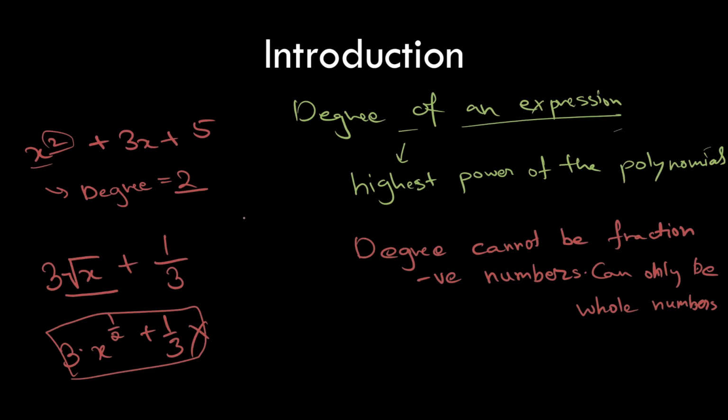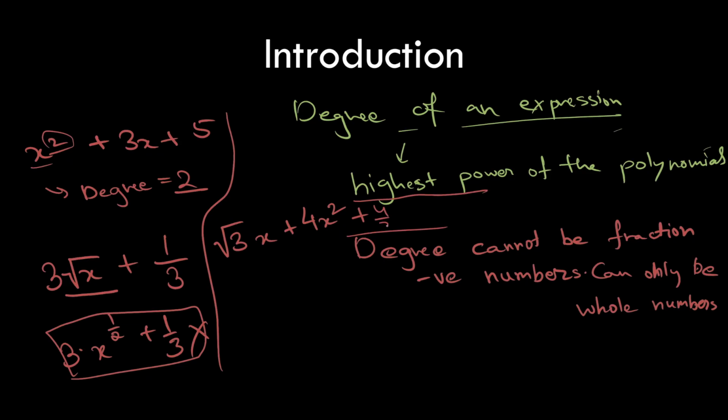Now let us look at another example: root 3x plus 4x plus 4x square plus 4 by 3 x cube. The degree in this is going to be the highest power, which is 3. So the degree of the polynomial is 3.